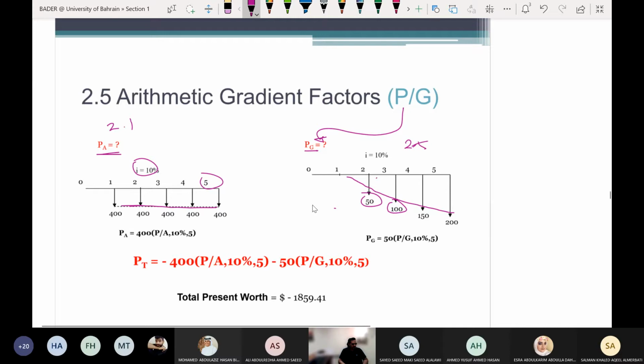If we look at this 400, it says 400, find P given A, 10%, 5. So I'm going to put minus, as it's a total. It means importance because I'm doing a summation. I cannot have a mistake here. And this PG says 50, find P given G, 10%, 5 years. Always I'm dealing with the same period, because my problem is 5.